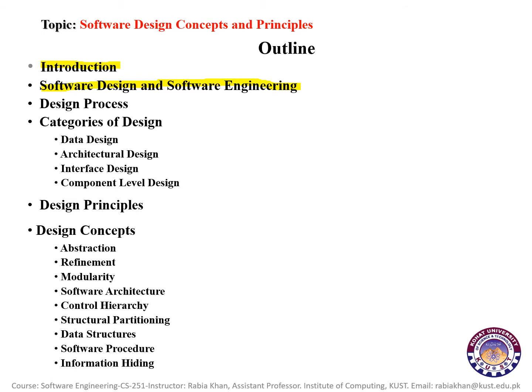That includes data design, architectural design, interface design, and component level design. So the 3 models that have been generated from the requirements analysis phase are then converted into respective these 4 types of designs. Then we discussed the design process, in which the quality aspect within software design has been discussed.